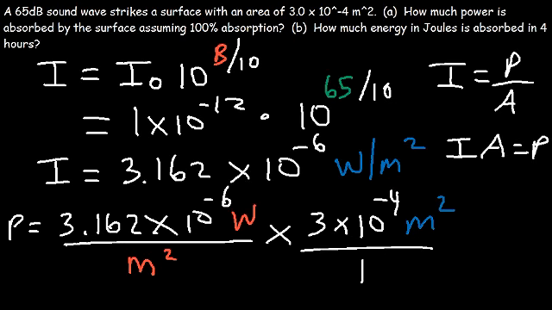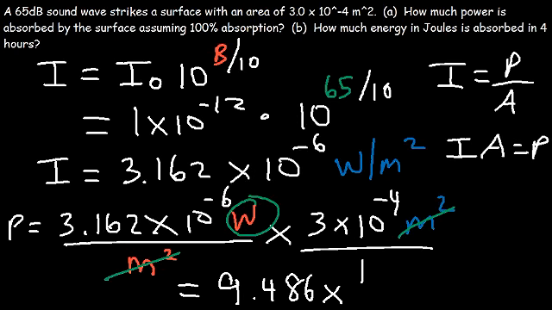So the unit square meters will cancel, giving us the unit in watts, which is the unit for power. So therefore, the surface absorbs 9.486 times 10 to the minus 10 watts.